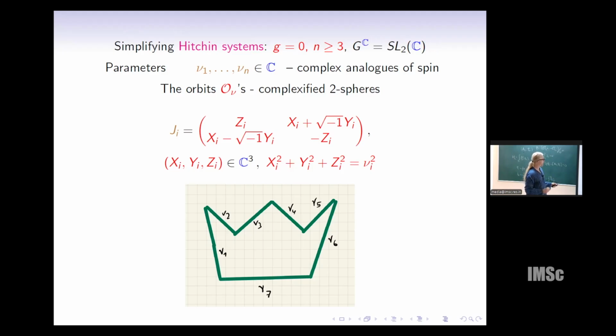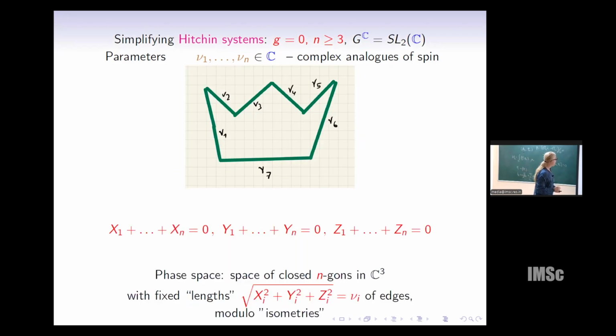Something I should have said is that the adjoint action of SL2C on such a matrix looks like a Euclidean rotation of x, y, and z, just that instead of the real parameters of the real rotation, you substitute complex parameters. So it's kind of complexified rotations. So the condition that the sum is equal to 0 is the condition on these sums.